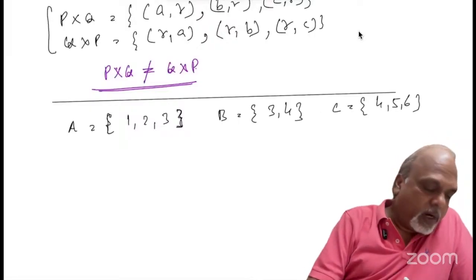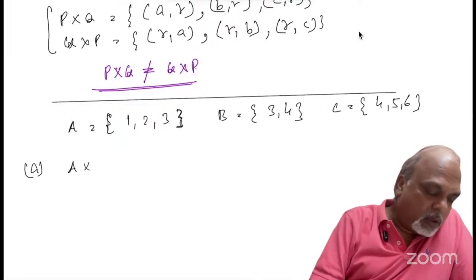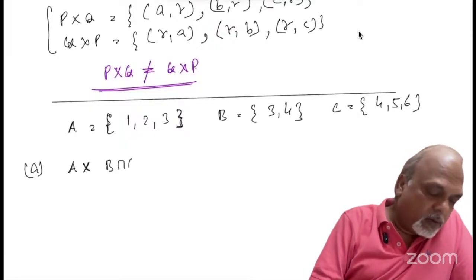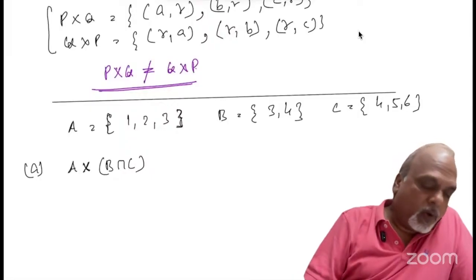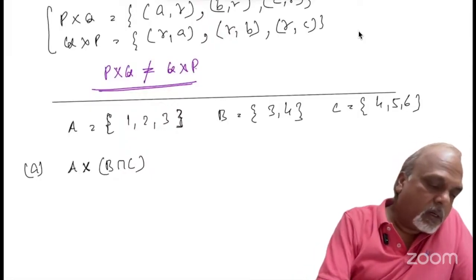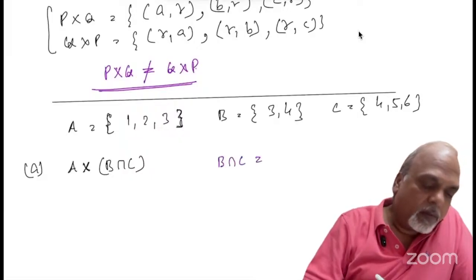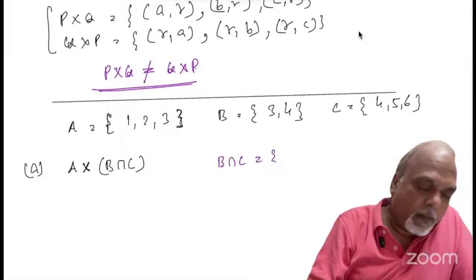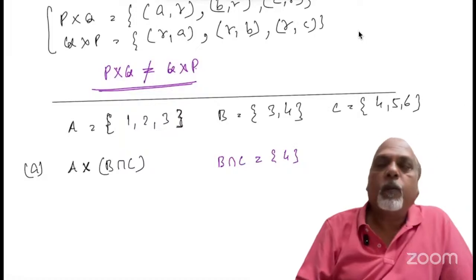Now if you want to find out A cross B intersection C, first of all, let us find out B intersection C. What is the common element between them? It is only 4. Correct?